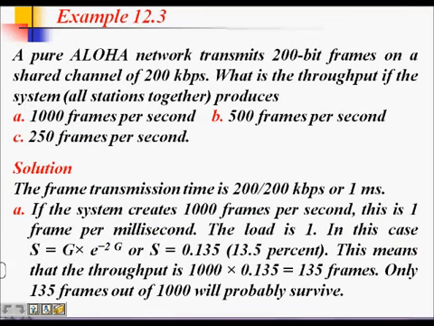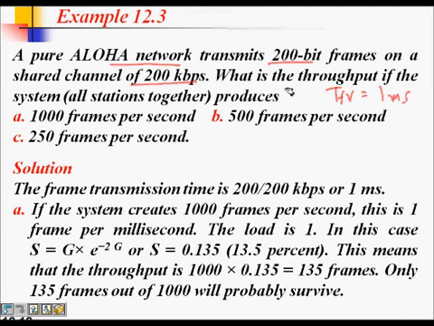So let's try to see one more problem. A pure Aloha network transmits a 200 bit frame on a shared channel of 200 kbps. So again, from the last calculation, our frame transmission time TFR will be 1 millisecond. What is the throughput of this system if all stations together produce 1000 frames per second?